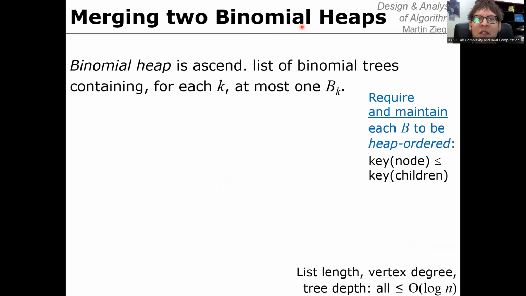And the first observation is, like every integer has a unique binary expansion, a unique way of expressing it as a sum of powers of 2. Similarly, every binomial tree has a size that is a power of 2, and every binomial heap has a unique number of binomial trees of different orders, of different sizes, since every size is a power of 2, and that corresponds to the binary expansion.